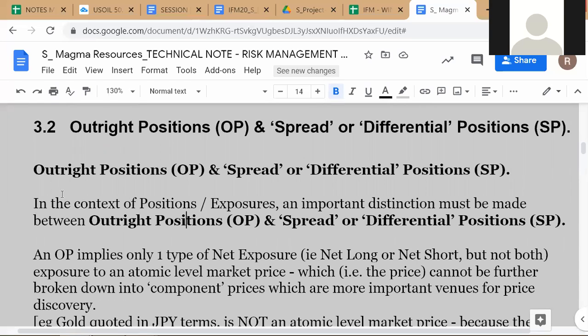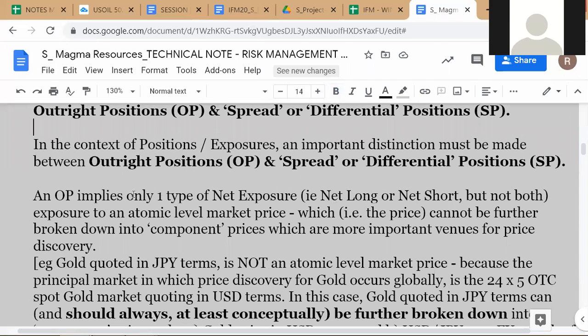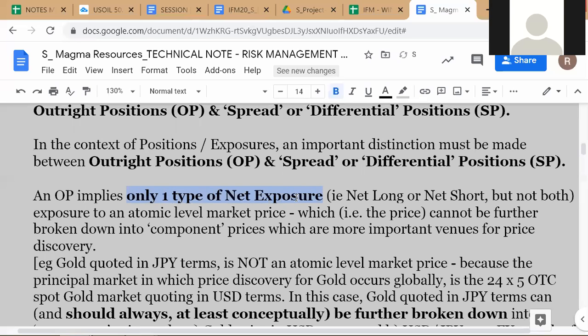So, outright positions, spread positions. Spread are also called differential positions. Try to understand here: only outright is one type of net exposure to an atomic level market price.